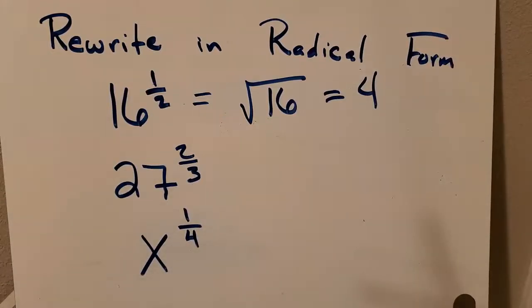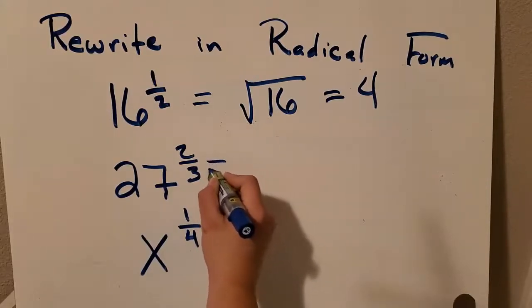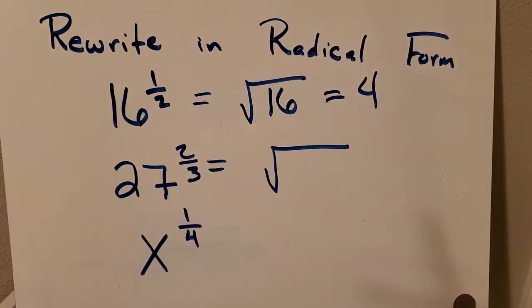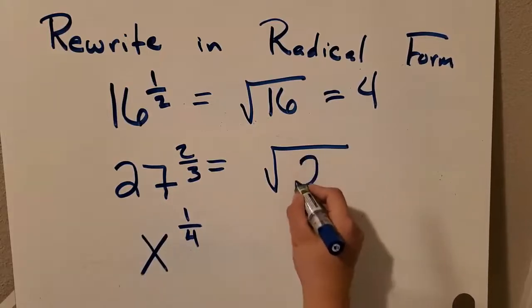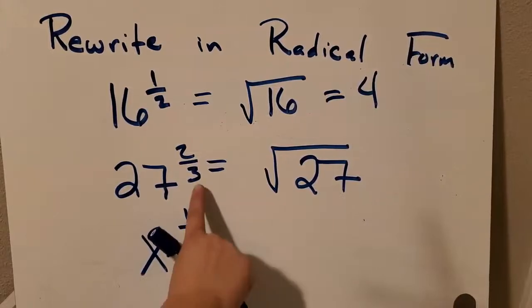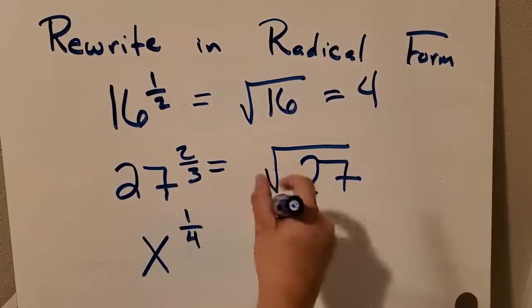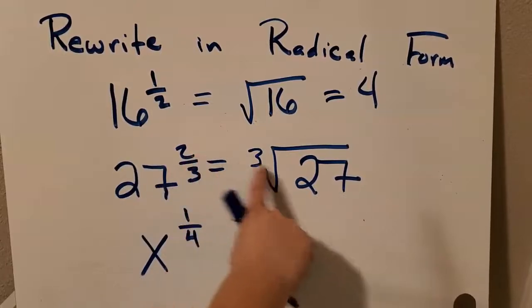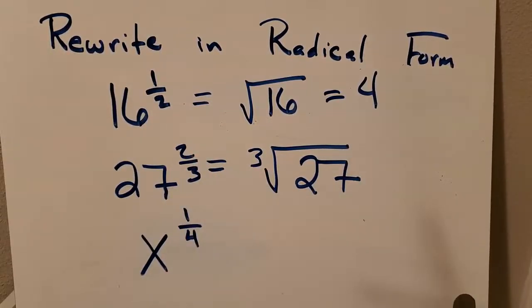Our second problem asks us to rewrite 27 to the 2/3 power in radical form. So we're going to put our radical sign, our base, which is the big number, goes under the radical sign. The bottom number of our exponent moves to the outside of the root sign, and the top number is the power that the root is raised to.